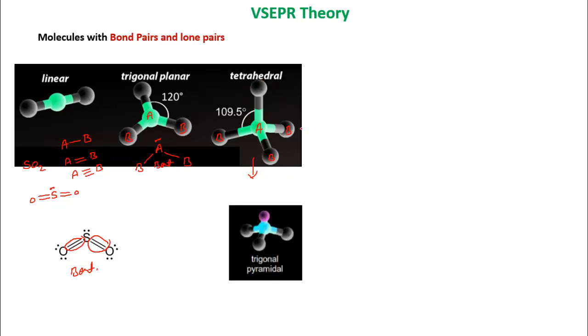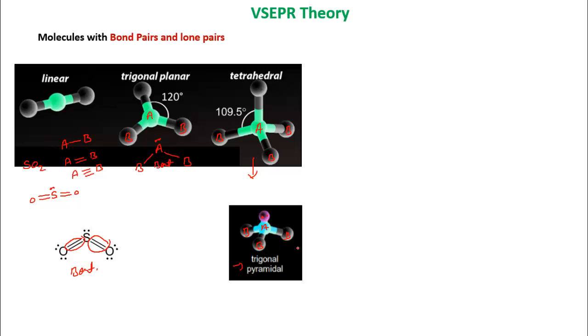Then the geometry will not be tetrahedral, it will be trigonal pyramidal. This is the central atom A, these are the 3 bond pairs, and this is now a lone pair, right? It is a pyramidal shape.